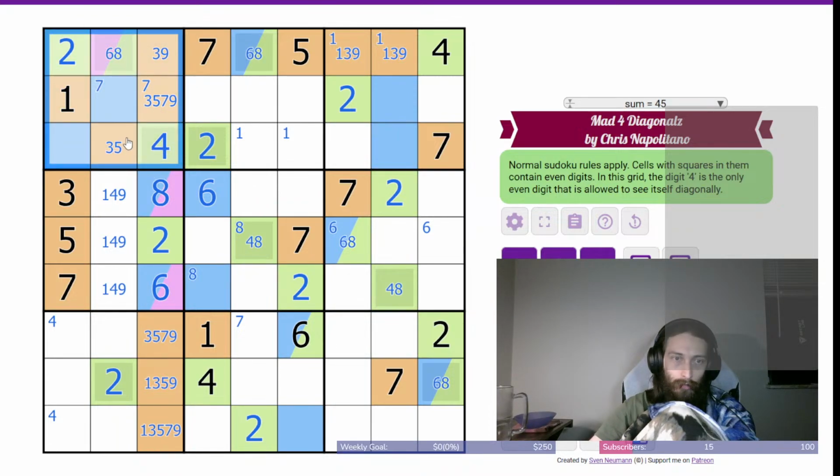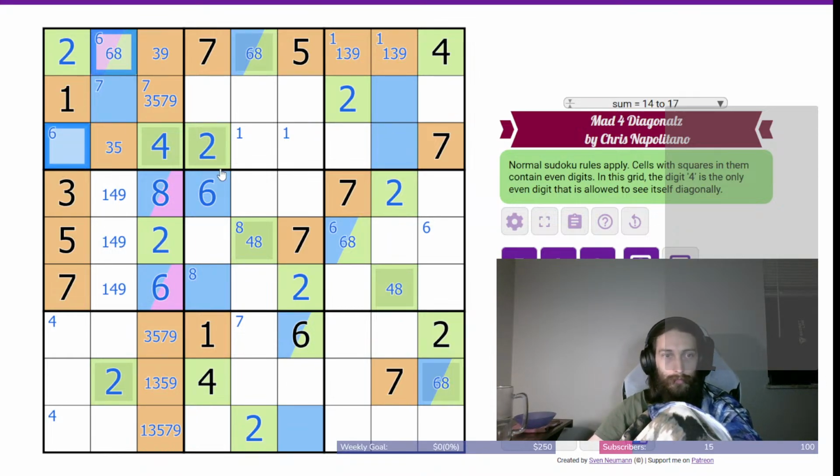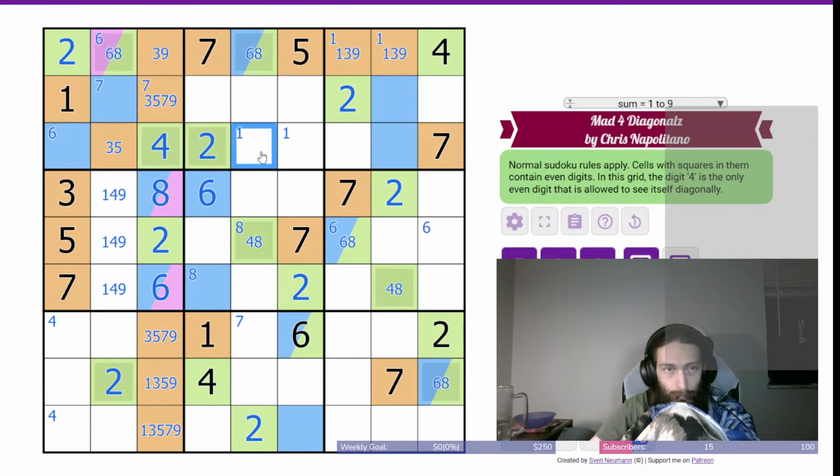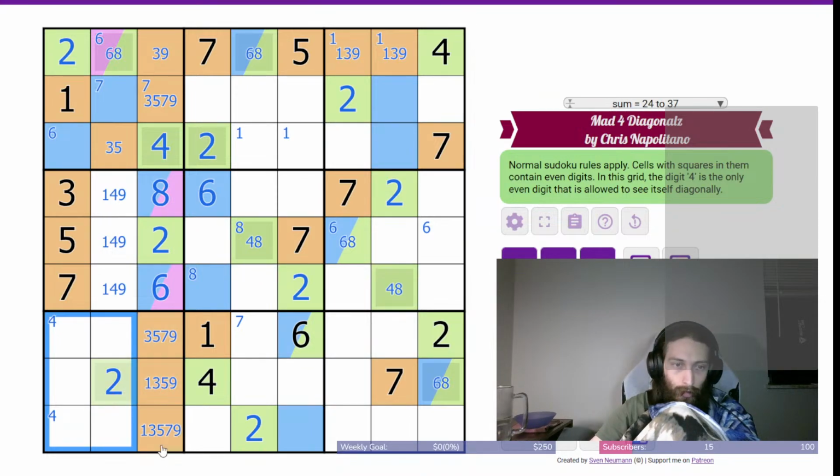But where's 6 in here? It's obviously not orange, 2 or 4. And it can't be there. But it can still be there. So where's 8? Not in the odds, not on that diagonal.